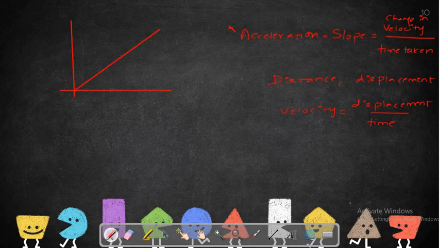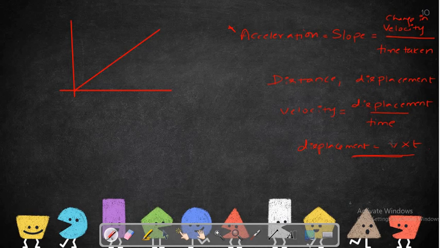So, how will we get the displacement value from this? Displacement is equal to velocity into time, right? This we need to know. How we will get it graphically, that we need to understand.